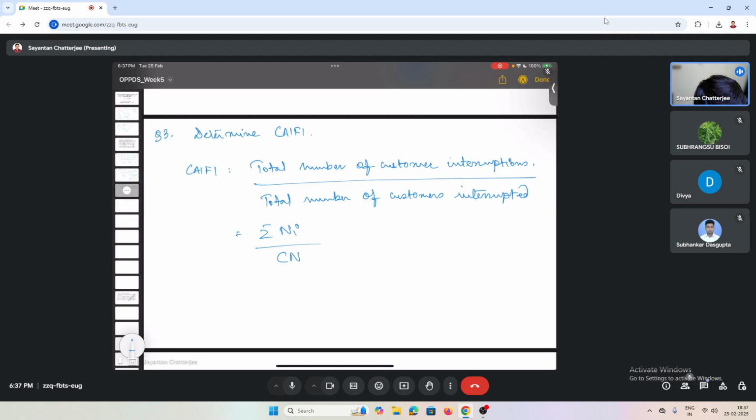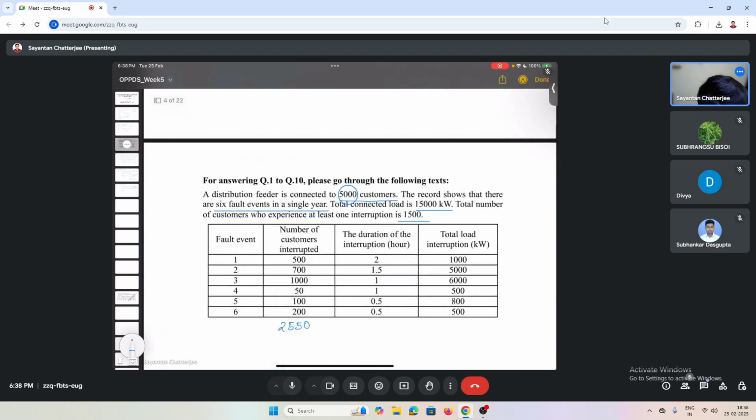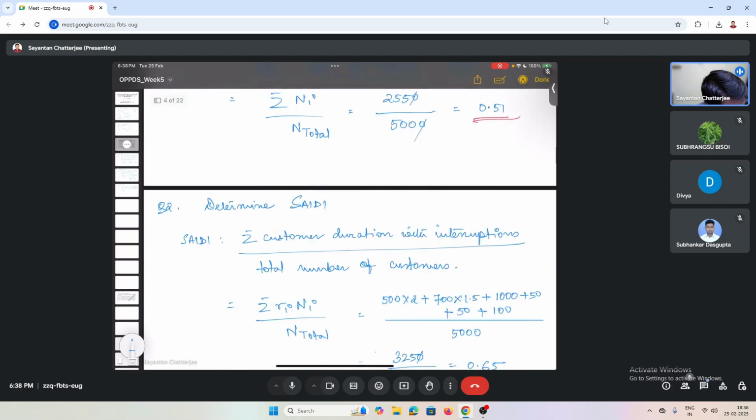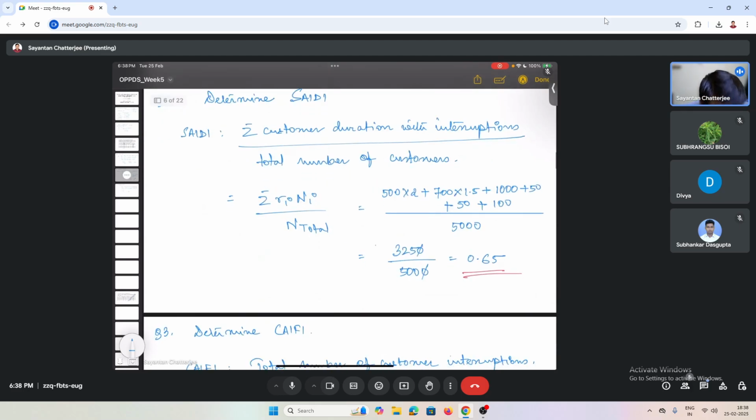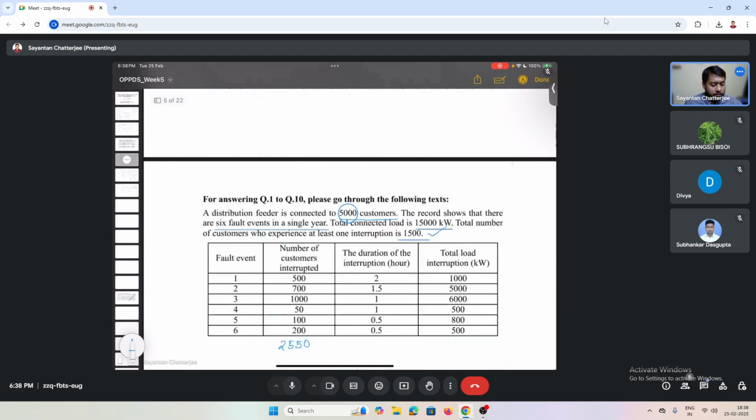Okay. So total number of customers interrupted. Here we count how many customers got interrupted, at least one interruption. So we need to take into consideration this 1500 only. Sorry, 1500 is the denominator, and the number of customers who got interrupted, that we have already calculated.